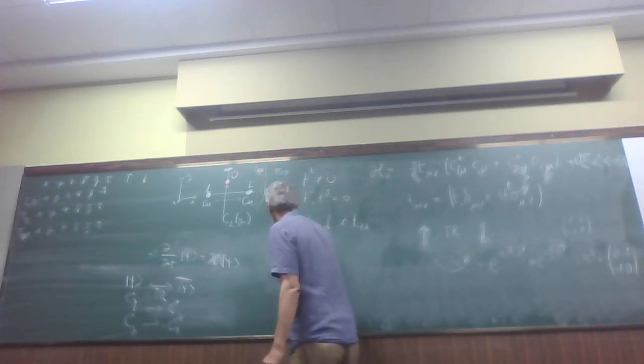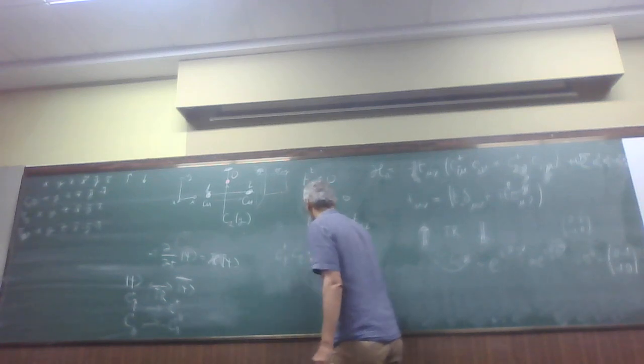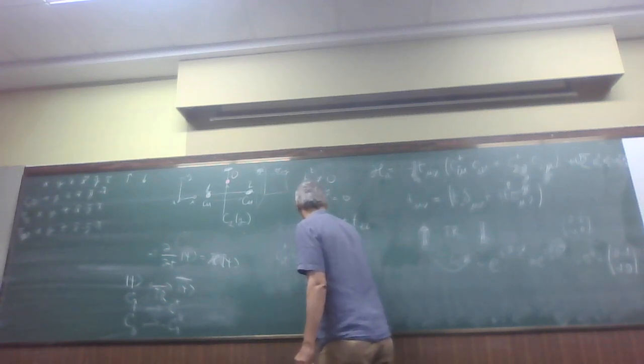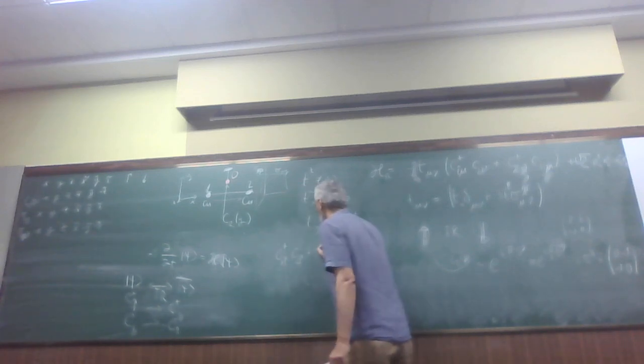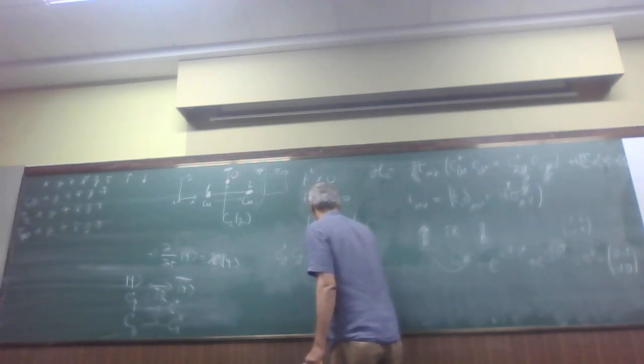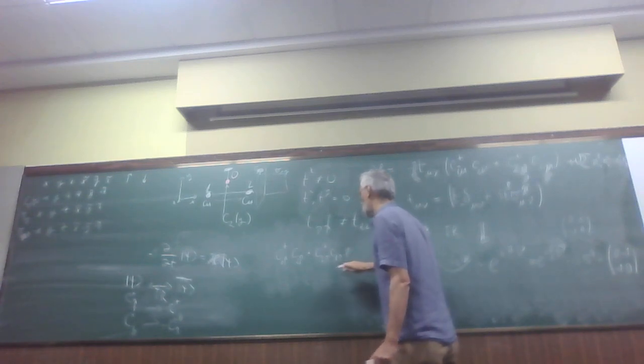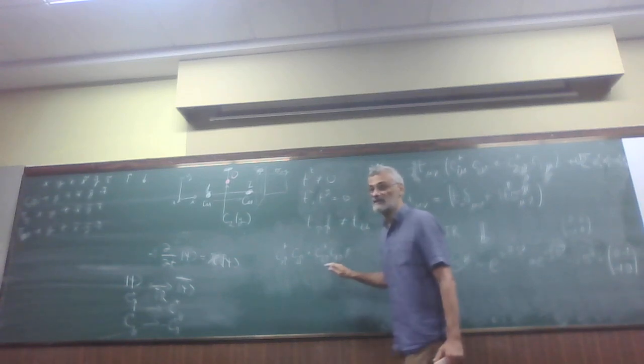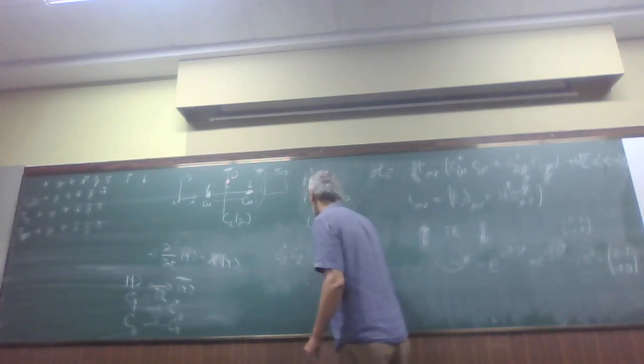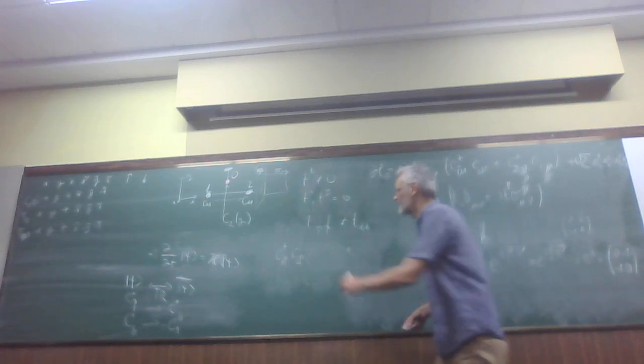We would have C dagger up, C up, plus C dagger 1, C2 up, dagger, C1 up. I'm trying to figure out what terms are forbidden. Let's go lower.